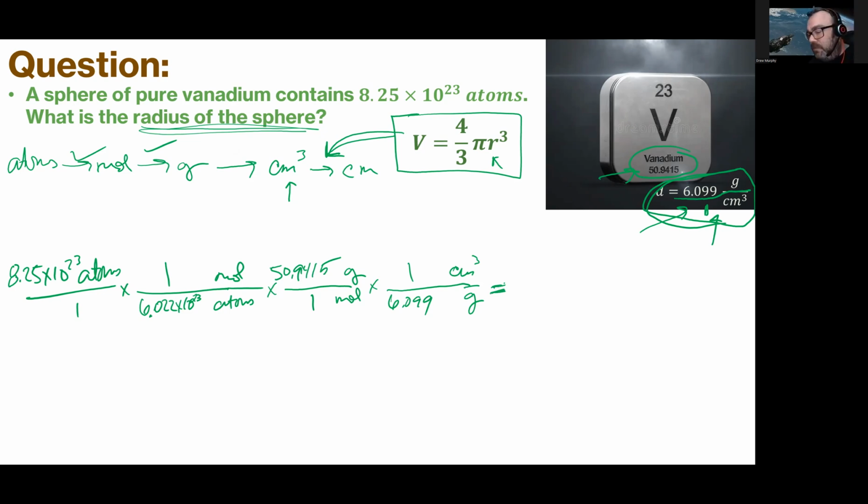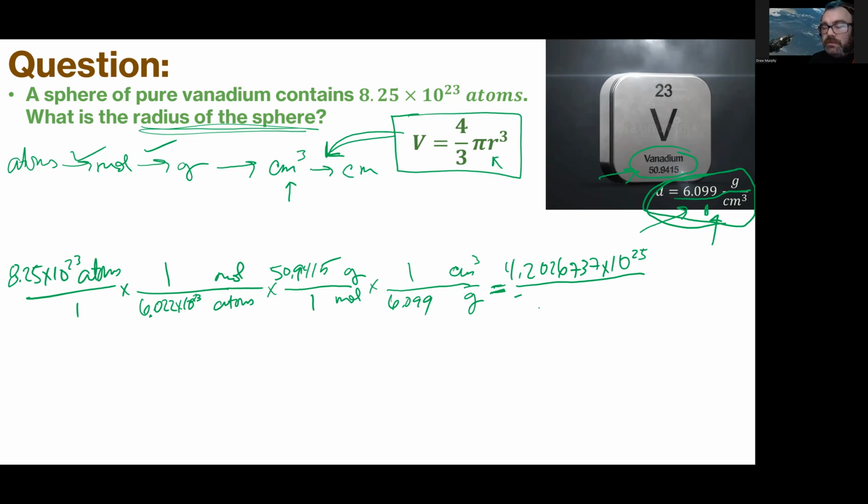Okay, 8.25 E23. I'm going to do this in 2 steps, times 50.9415. So this is 4.2026737 times 10 to the 25 divided by 6.022 E23 times 6.099.